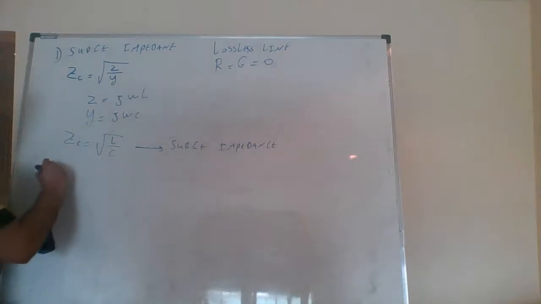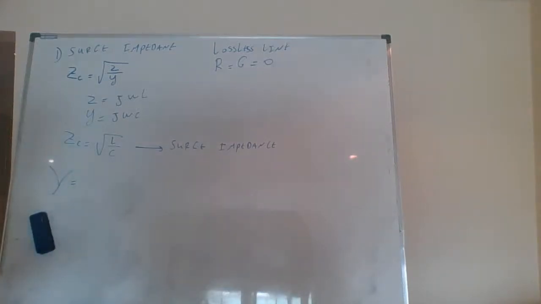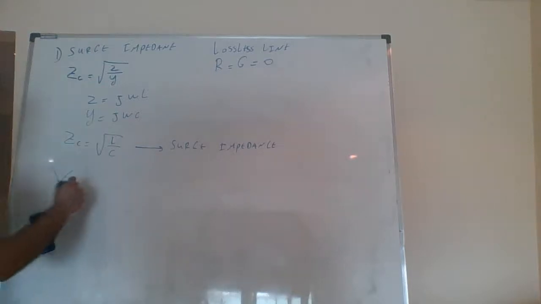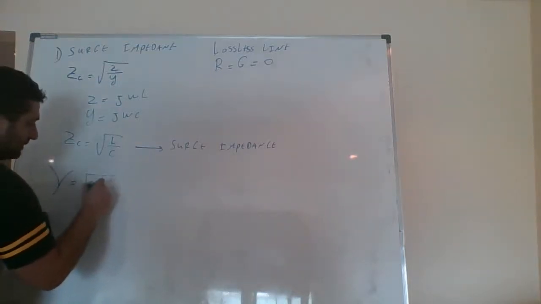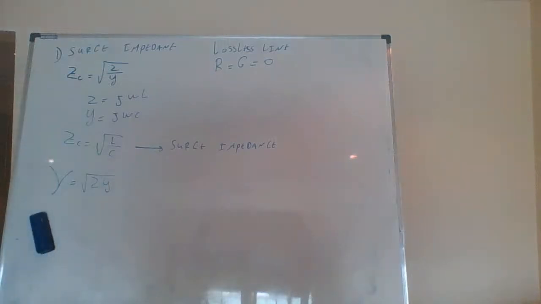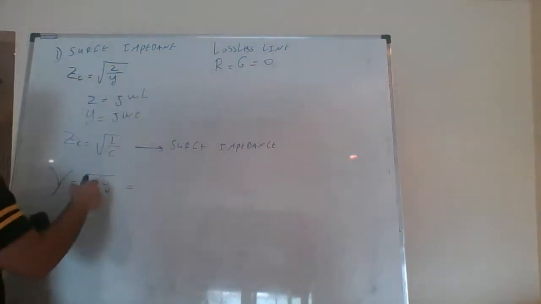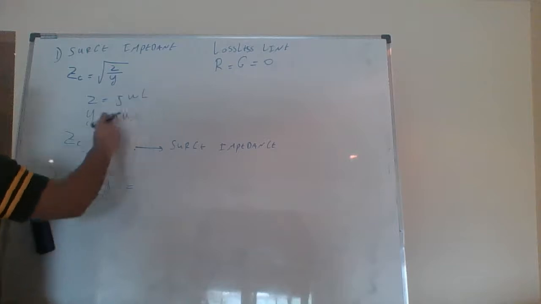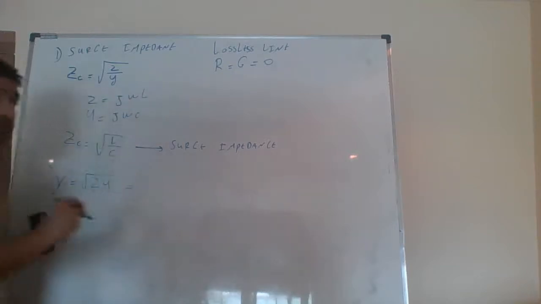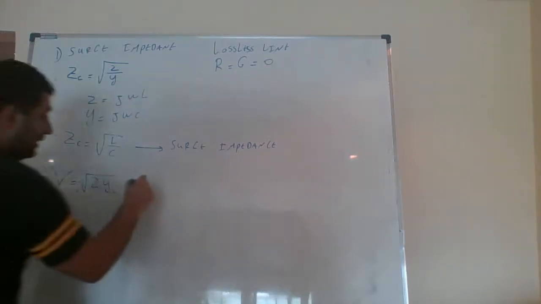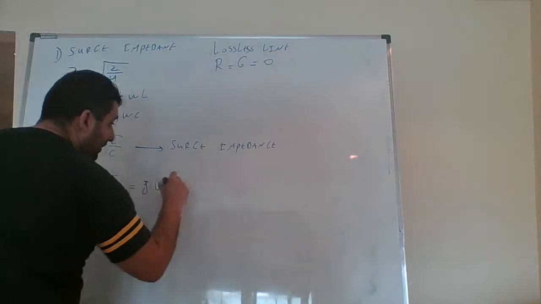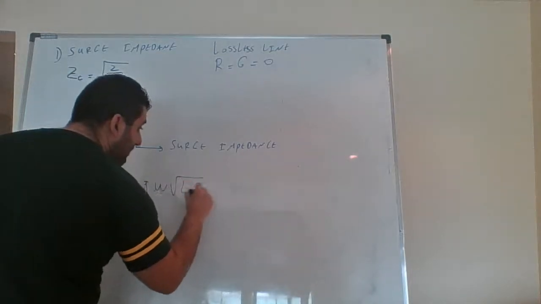Remember it is the square root of ZY. If I do the same for a lossless line, with j omega L and j omega C, on the outside I have j omega square root of LC.